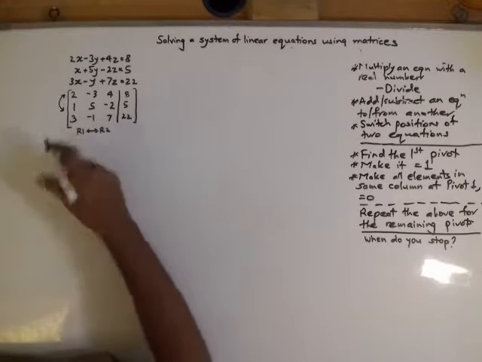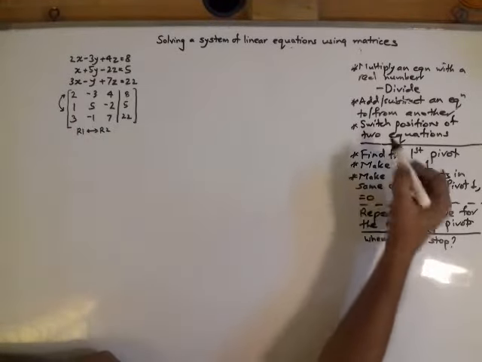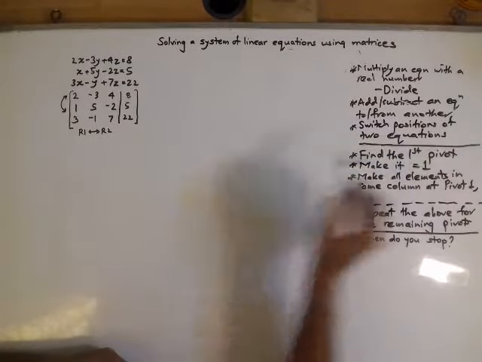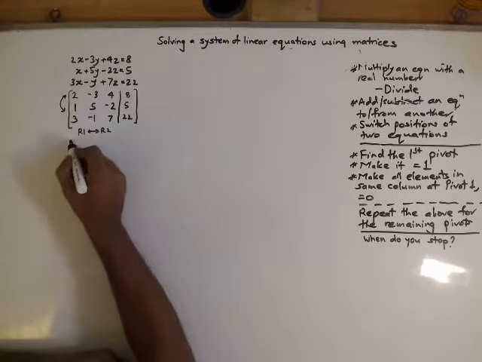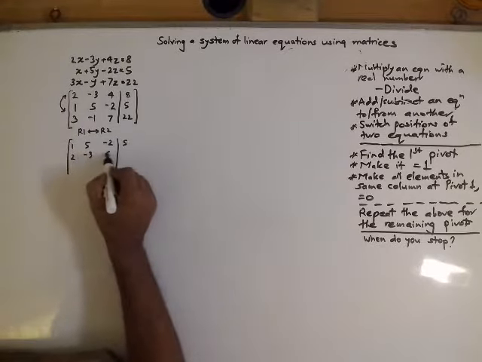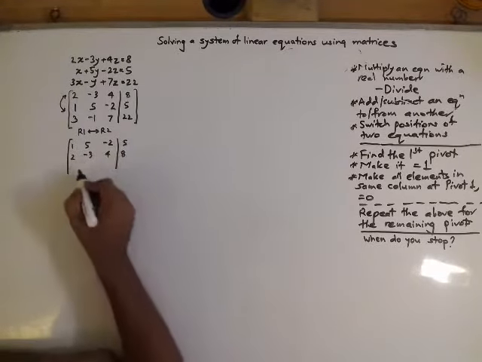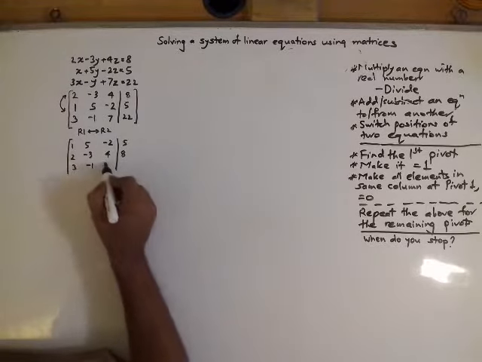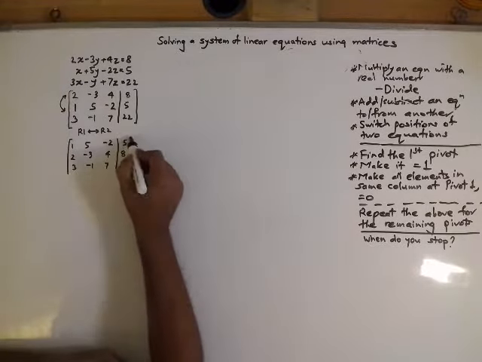That just gets you introduced to switching positions of two equations. So that means we get 1, 5, minus 2, 5, 2, minus 3, 4, 8 goes here, and 3, minus 1, 7, and 22 stays here.